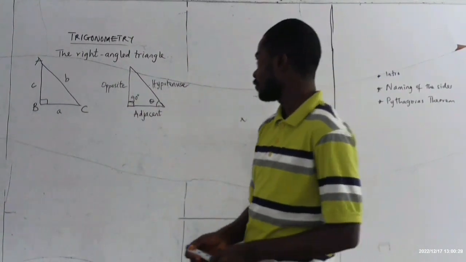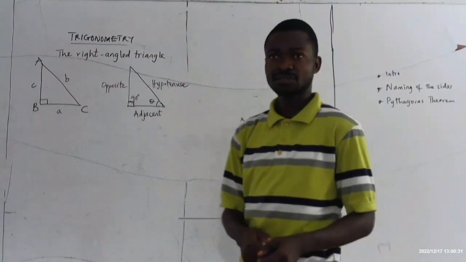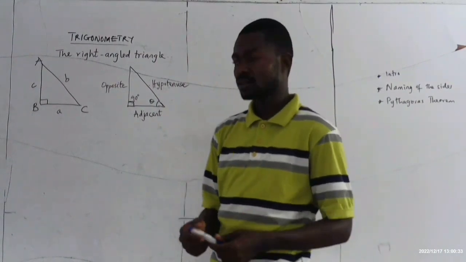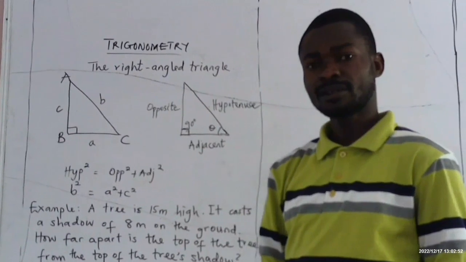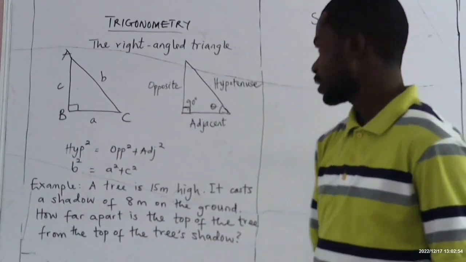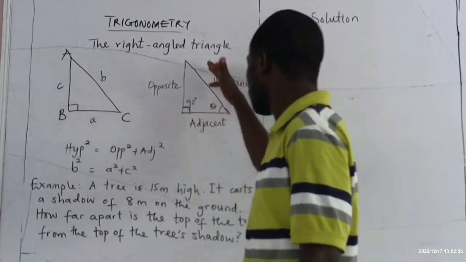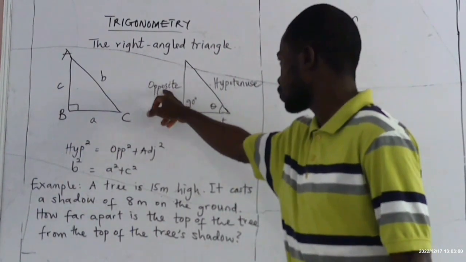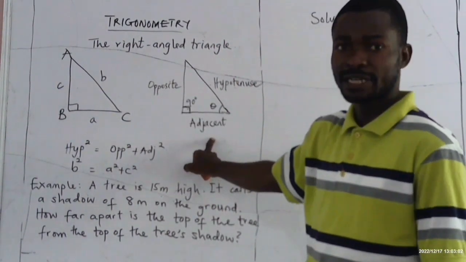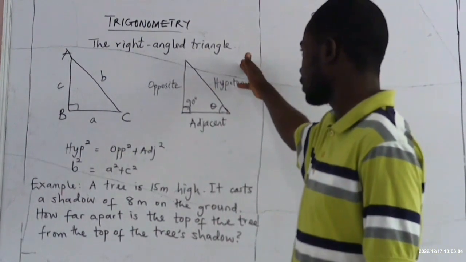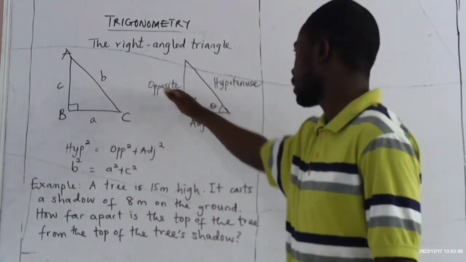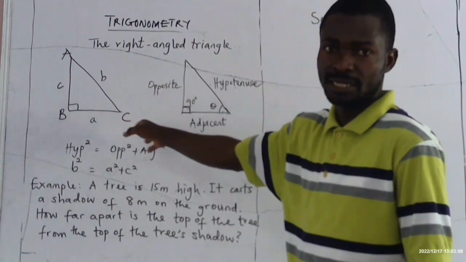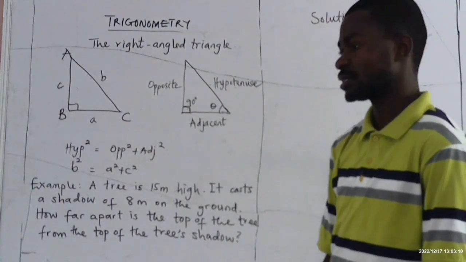Alright, so we'll go back to Pythagoras Theorem. Pythagoras Theorem is used to find the side of a right angle triangle. It says that if you square the hypotenuse, and you square the other two sides, then you find out that the square of the hypotenuse is equal to the sum of the squares on the other two sides.